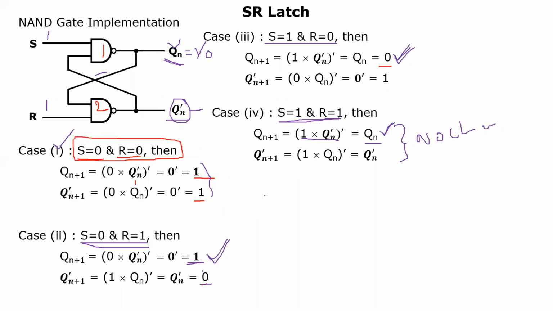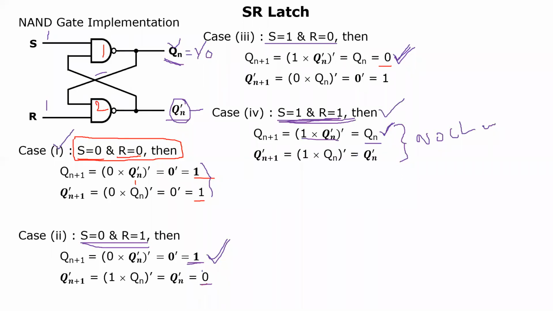If you submit one and one here, whatever the previous values were, the same values will continue. If previously the qn value was 1, there is no problem, the same value continues. If previously it was 0, the same value will continue. That is why it is called no change.